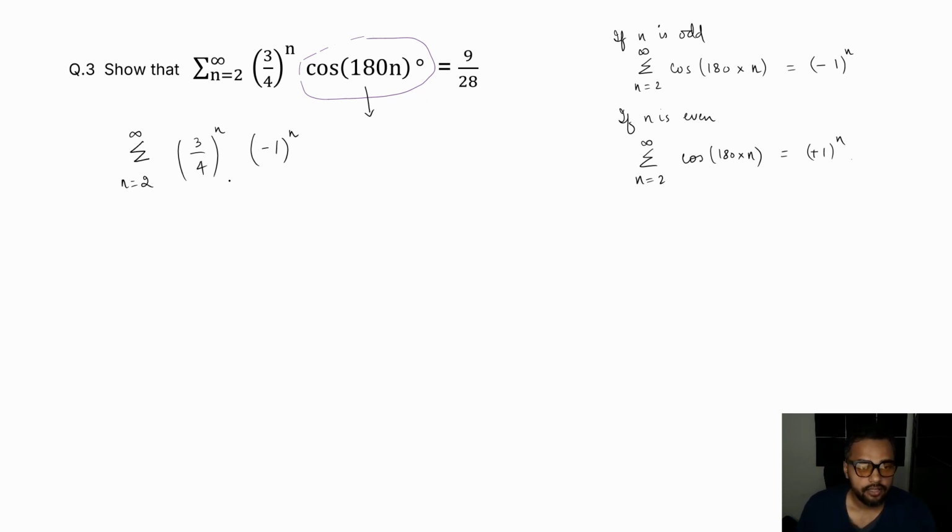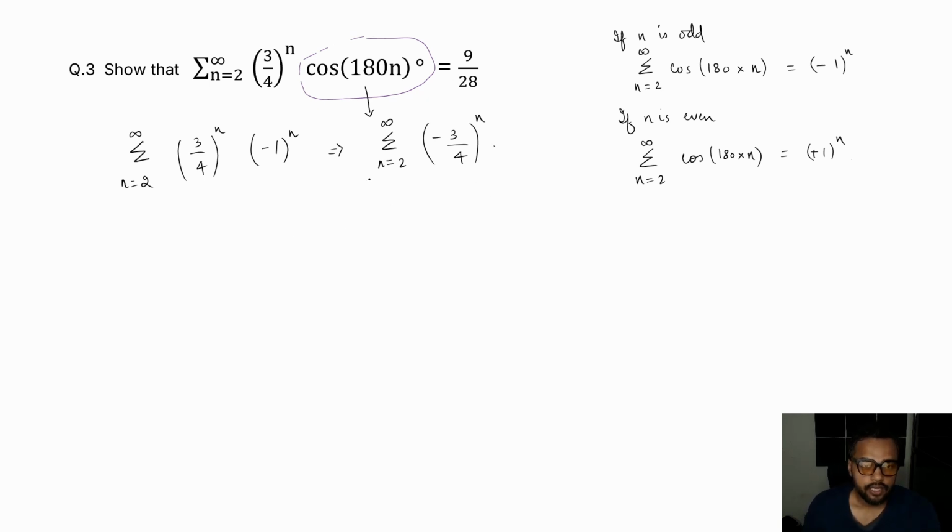So if we combine these two terms, we'll be getting sigma of n equals to 2 to infinity negative of 3 by 4 raised to the power n. Negative of 1 I have combined with this term, so we'll be getting negative of 3 by 4 raised to the power n.